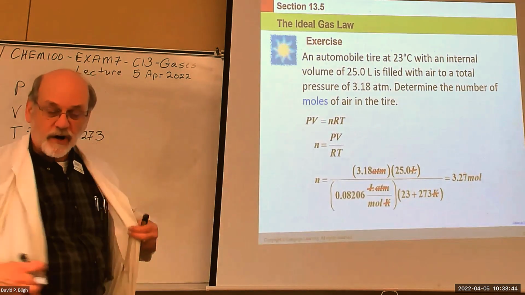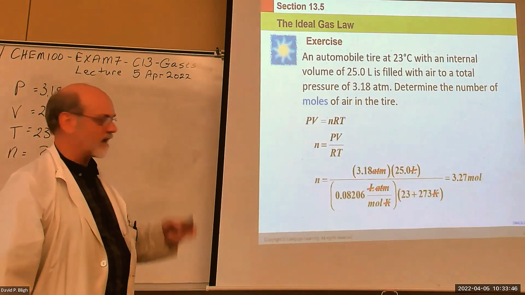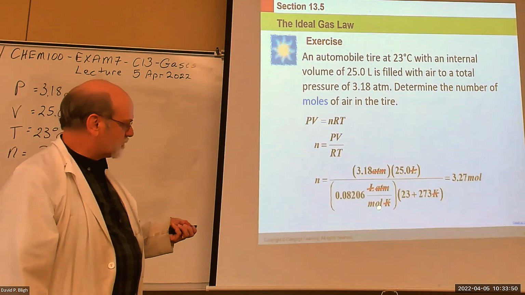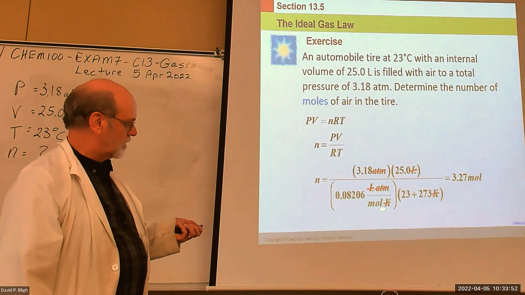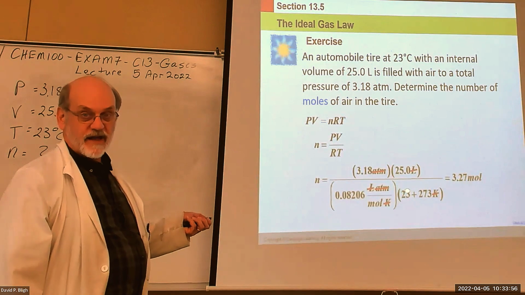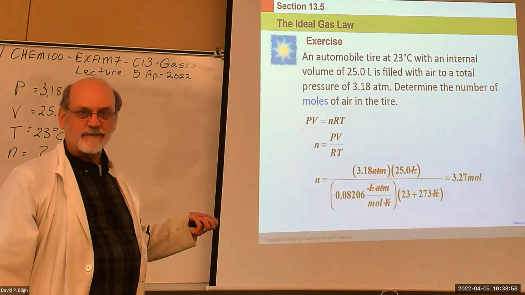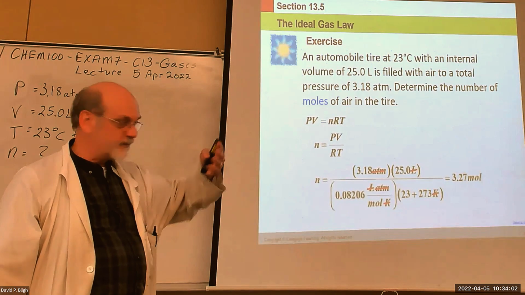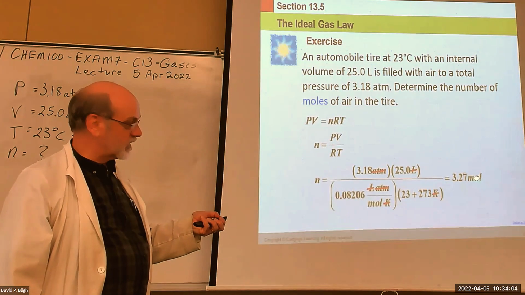It's just that many particles of a gas is in that tire. Notice this moles is in the denominator, but it's also in the denominator of the denominator. So mathematically speaking, that is the numerator. So that's why it flips over and shows up here in the numerator.